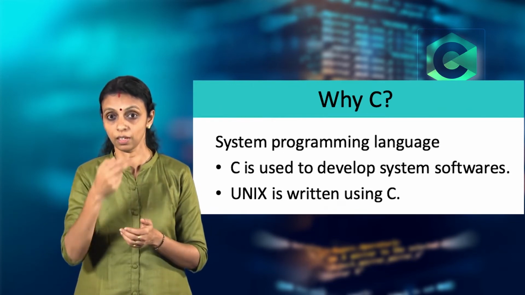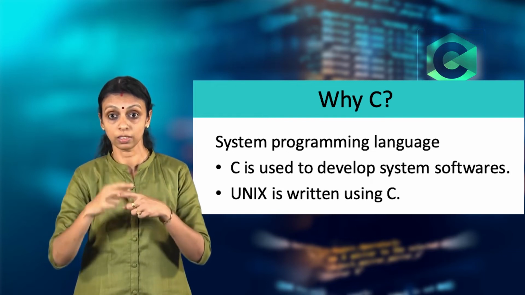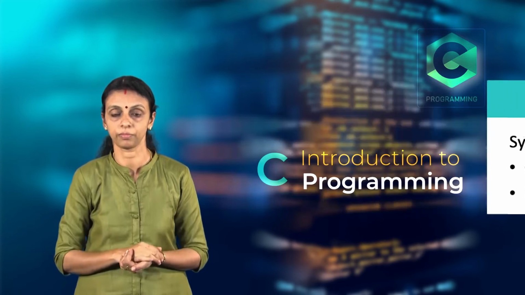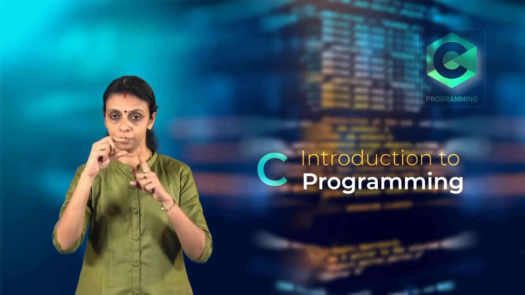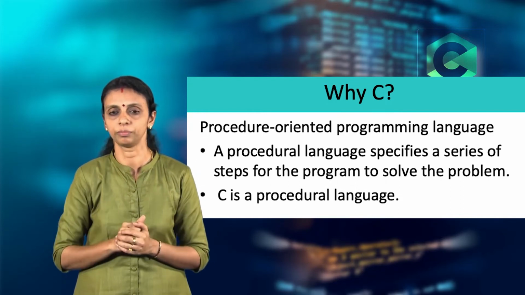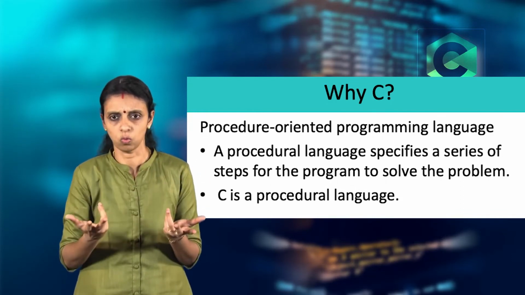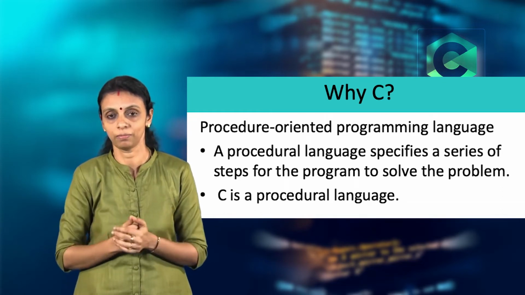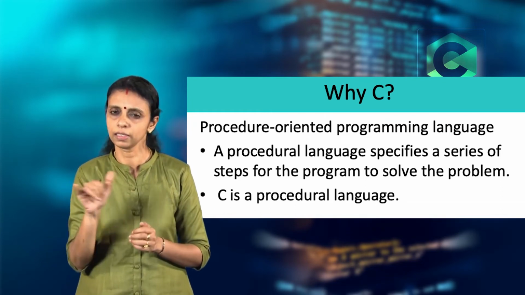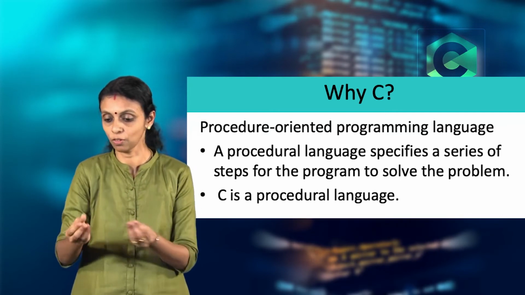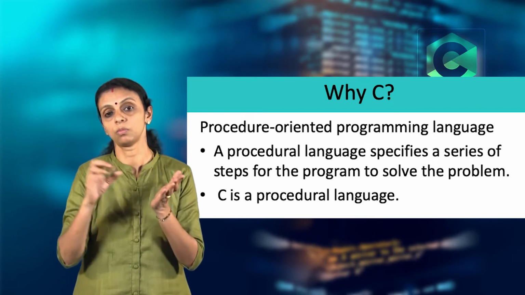Unix, the operating system, is written using C. Procedure oriented programming language. If we want to solve a problem, we can solve it in steps. A procedure language specifies a series of steps for the program to solve the problem. C is a procedure language.